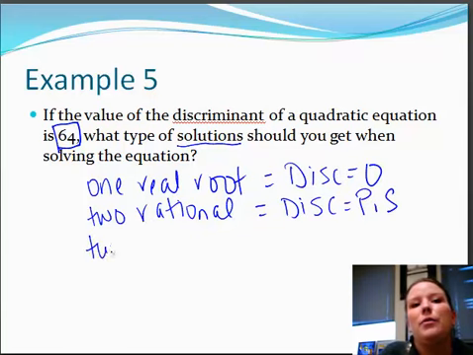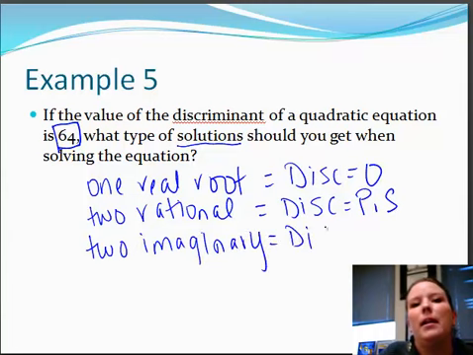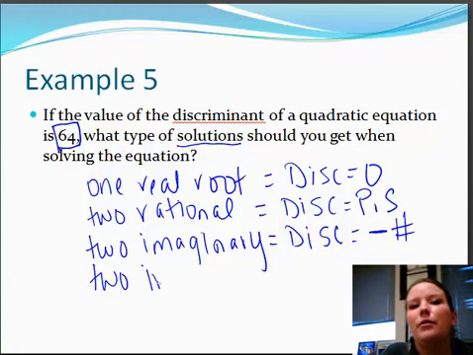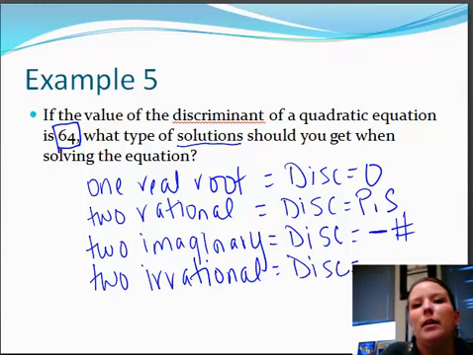We have 2 imaginary roots, when our discriminant is equal to a negative number. And we have 2 irrational roots, when our discriminant is equal to a non-perfect square, and positive.